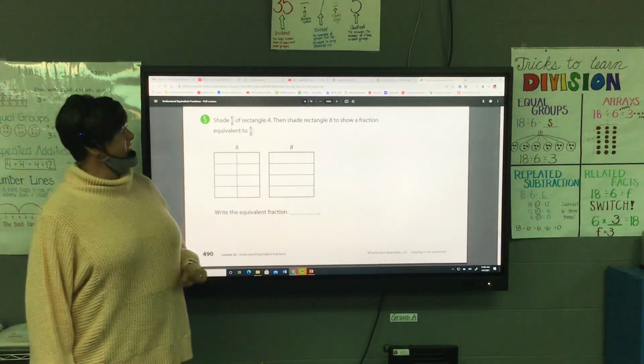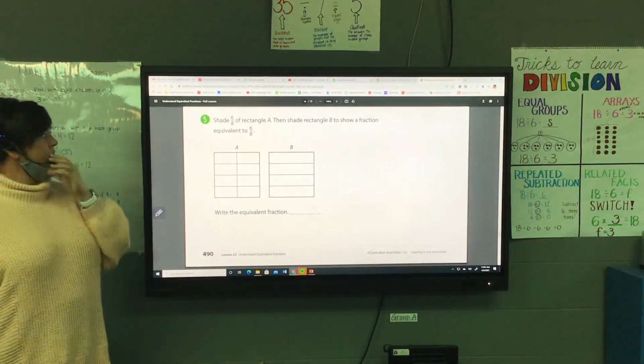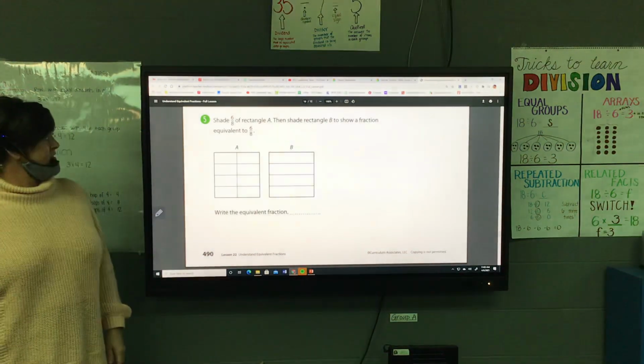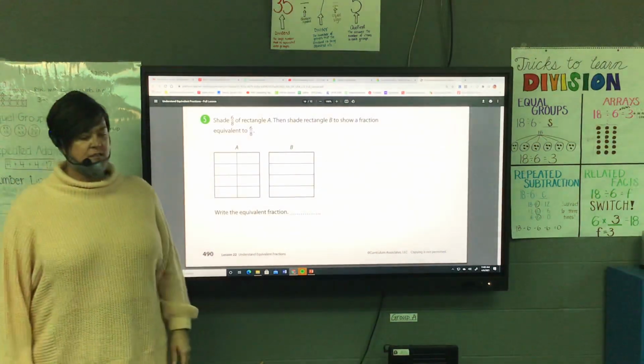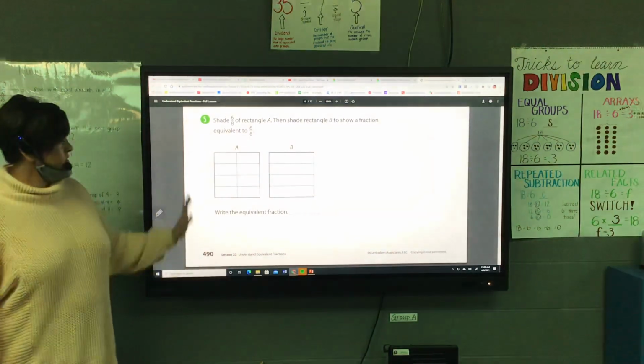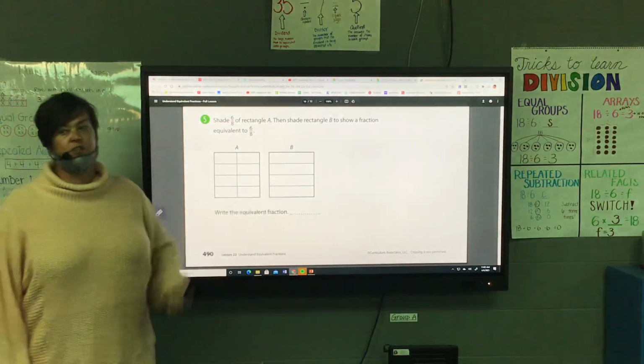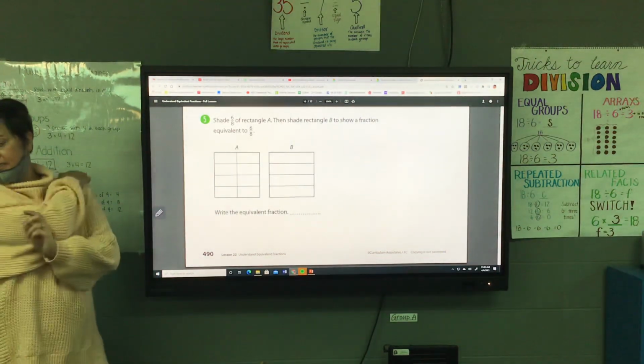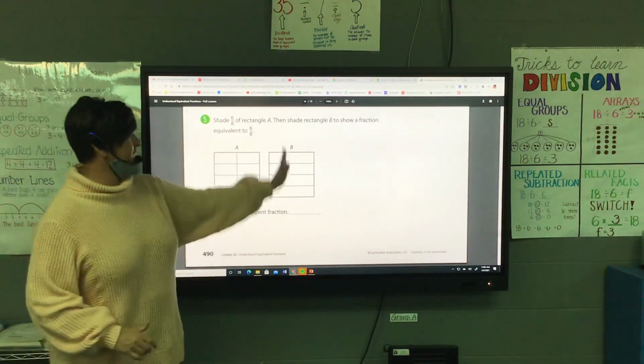Then shade rectangle B to show a fraction equivalent to 6/8. So look over and see how much you need to shade in to make it exactly the same. You can't add any lines.